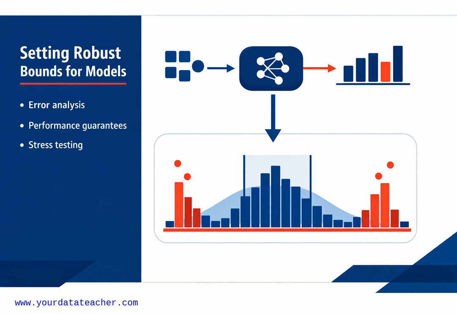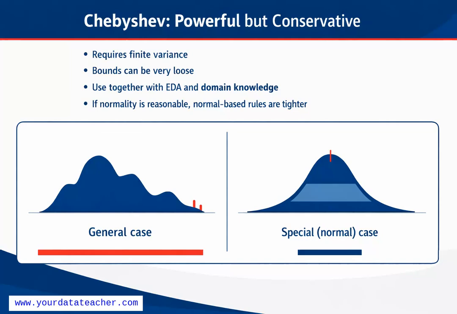You can use Chebyshev for error analysis to provide minimum performance guarantees and to stress test models under conservative model-agnostic assumptions.